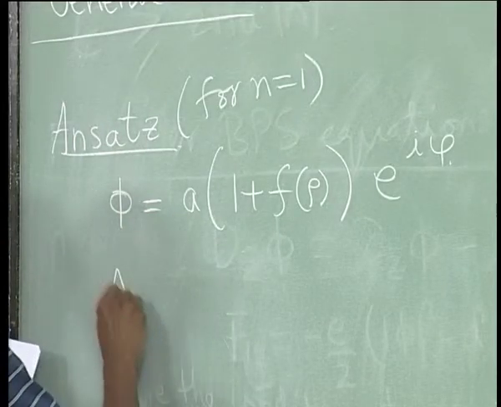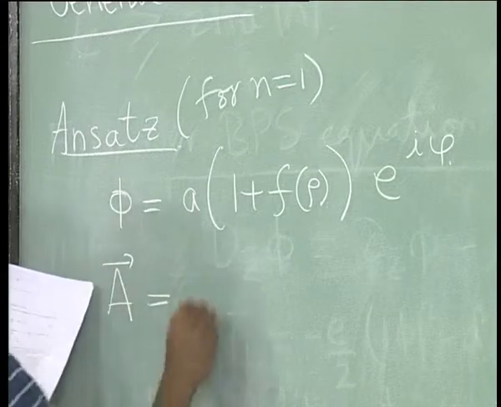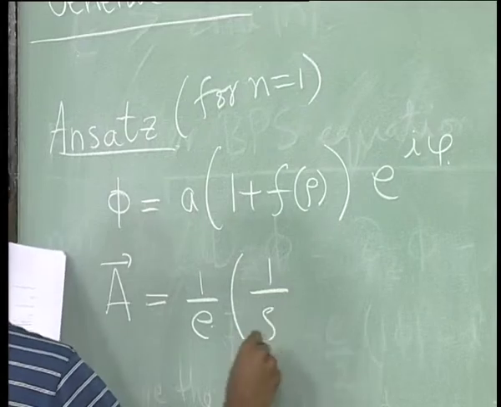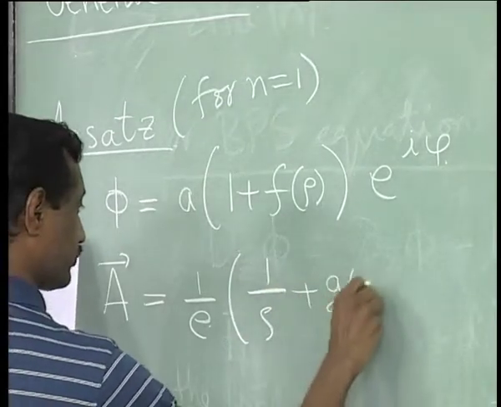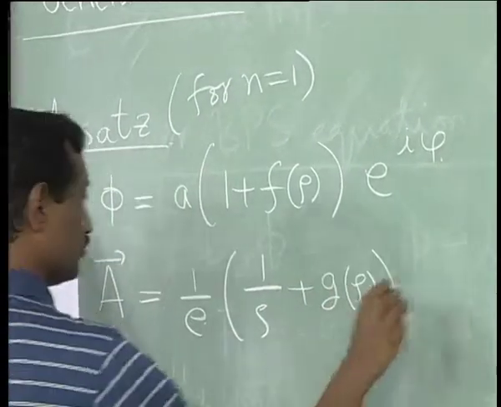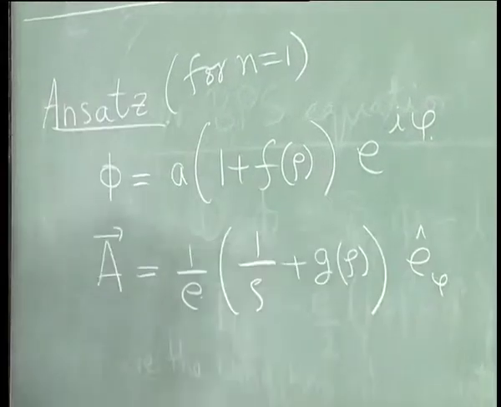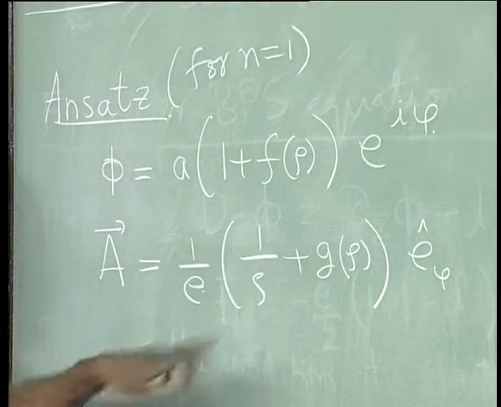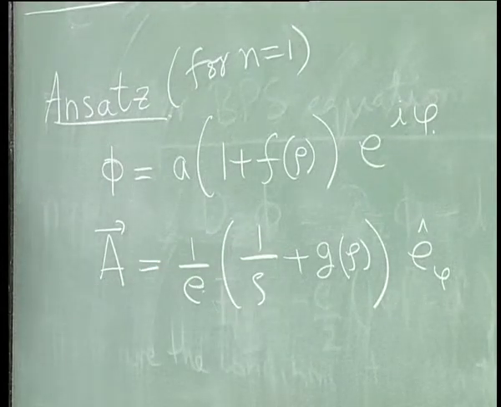Similarly the vector field A, I assume that it has only an e_phi component, and again you will see that this is consistent with the flux being the suitable flux. This will give you what you need.